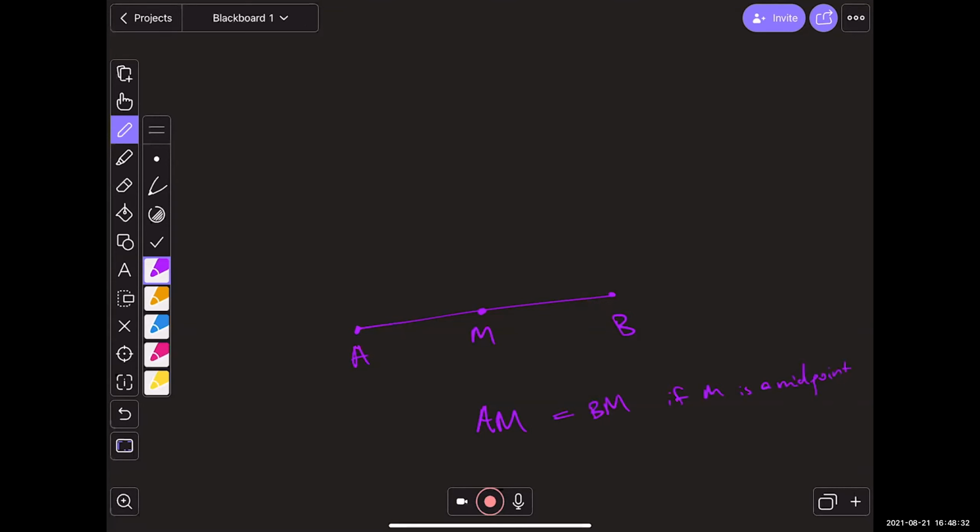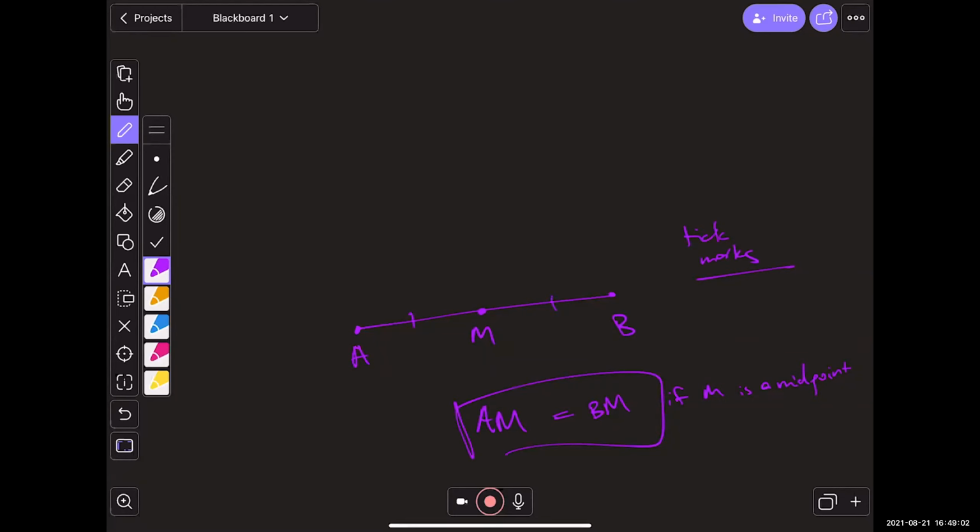Now, what if we wanted to label that on this diagram? What we do is we introduce what are called tick marks. Tick marks are very important because they give us information about the diagram. If we wanted to represent that AM is equal to BM, we represent that with these tick marks like this.